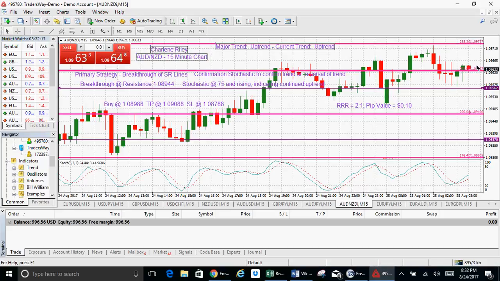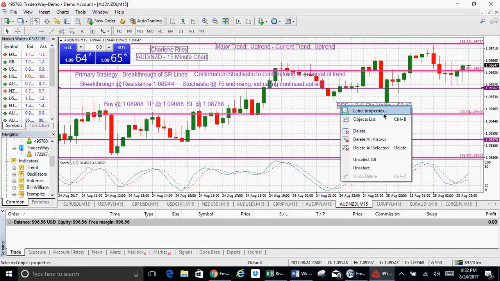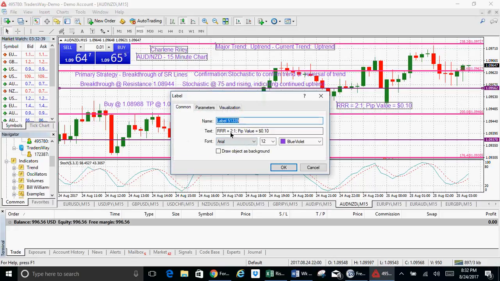So I'm just looking for some candlestick movement in the positive upward direction, which we are beginning to get. My risk reward ratio is 1-to-1, and my pip value is going to be 20 cents per pip.